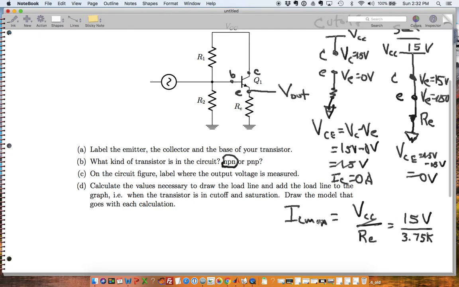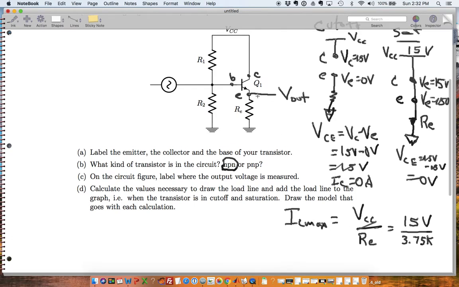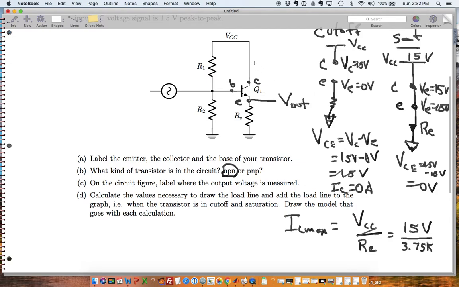This is the maximum value of current that I can create from this source, because of the limitation of this resistor. So this resistor limits my current when I put a wire between C and E. That's the maximum current I can draw with this transistor circuit.